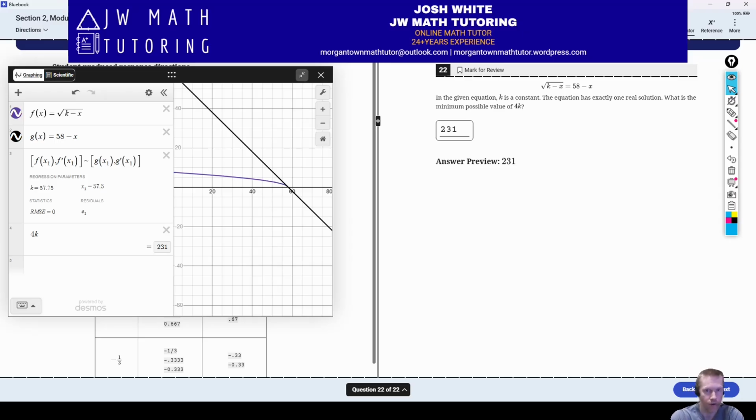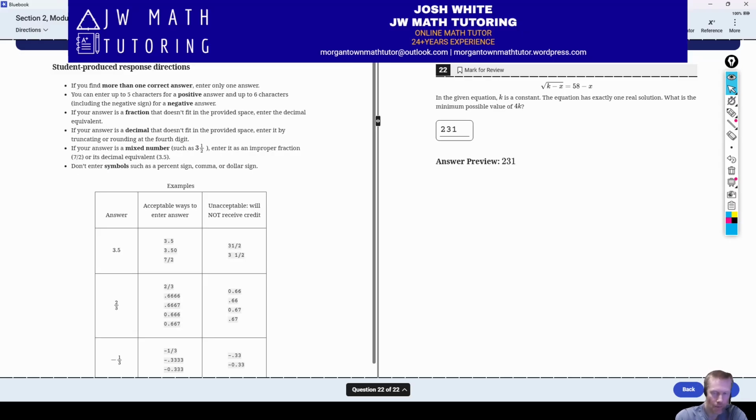231. Now, last thing I will say on this problem, there's actually a trick such that the answer for the 4k thing will always be equal to 4n minus 1, where n is whatever the number is that's in front of the x being subtracted from it.